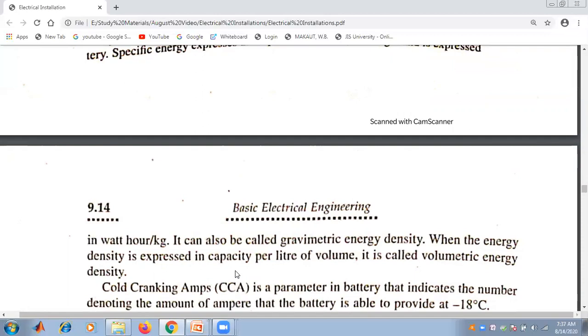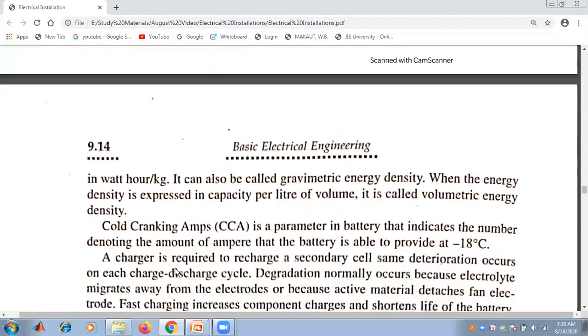It can also be called gravimetric energy density. When the energy density is expressed in capacity per liter of volume, it is called the volumetric energy density.